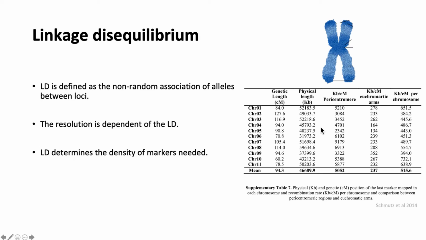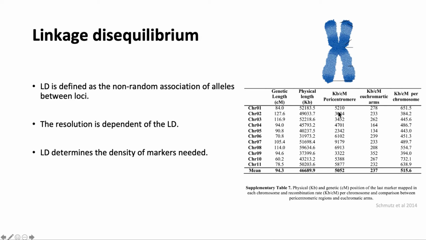In the reference genome of common bean that was published in 2014, you can see that in the pericentromeric region the recombination is lower, or the LD is higher, than in the euchromatic regions, or the chromosome arms, which are the light blue. It is euchromatic because the DNA is less condensed. That is why in these regions there are more genes and more recombination than in the dark blue.